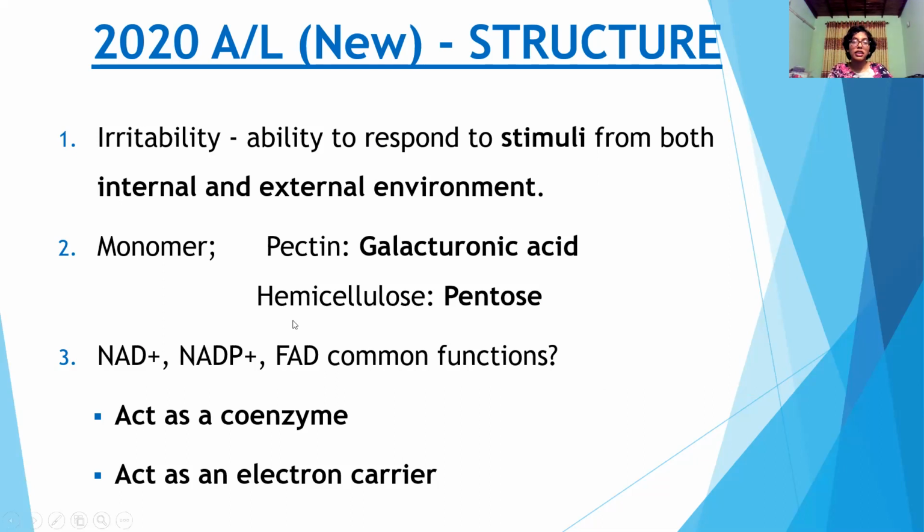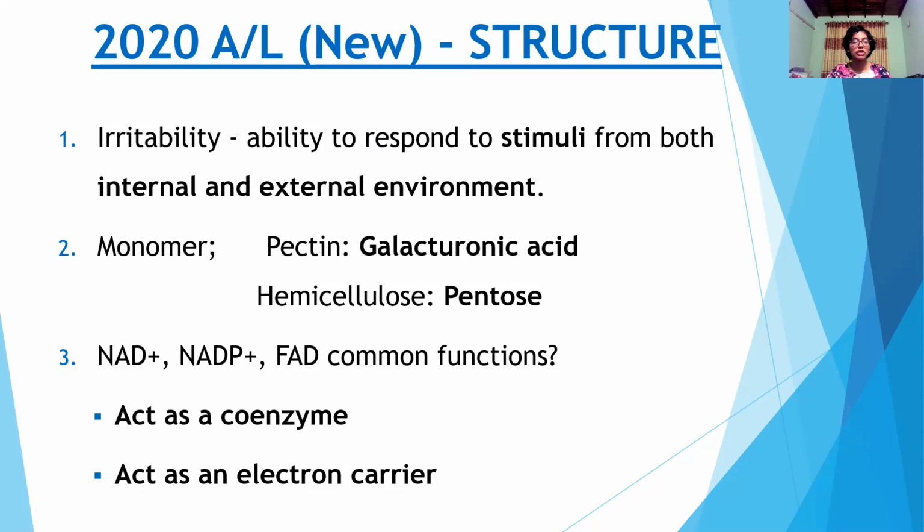So pectin, it is galacturonic acid. And then for hemicellulose, it is pentose. You all have a few examples in your polysaccharide list. So make sure you know all those polysaccharide examples and their monomers. When you know that, it is a simple question. It is directly mentioned in your text.